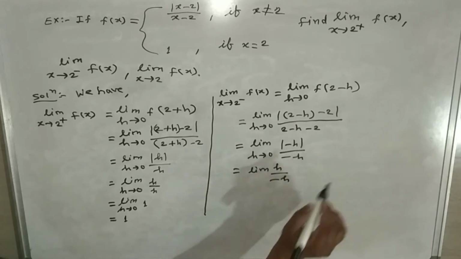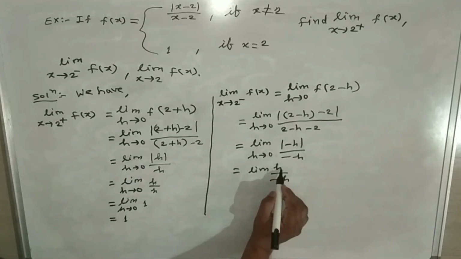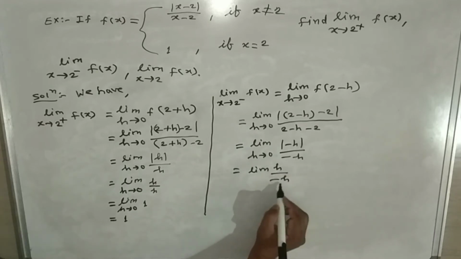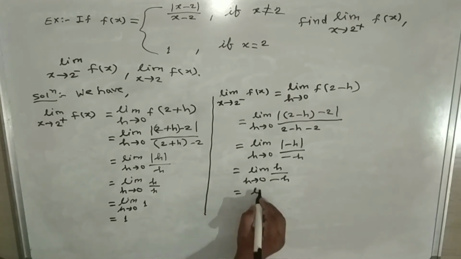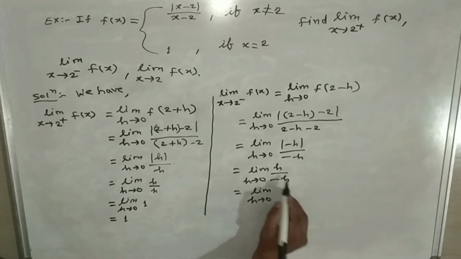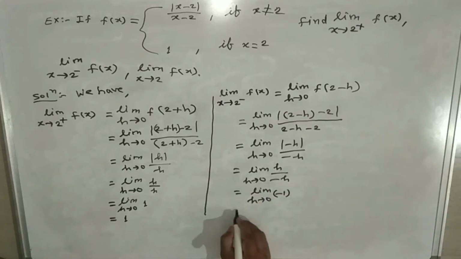Mod of minus h is equal to h, so here we write h, and minus h as it is, and limit as h tends to 0. So what do you get? Limit as h tends to 0, h will be cancelled, here will be minus 1, and this will be equal to minus 1.